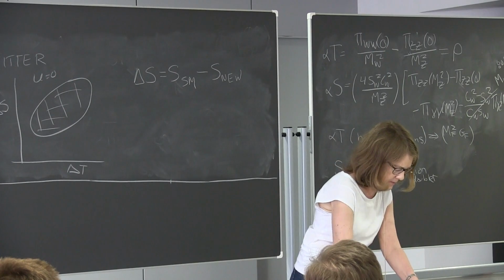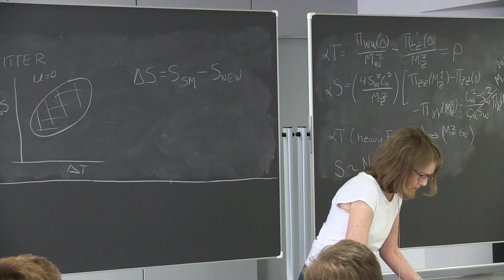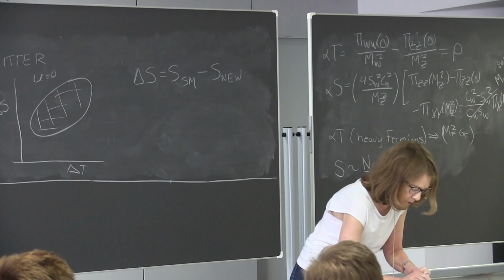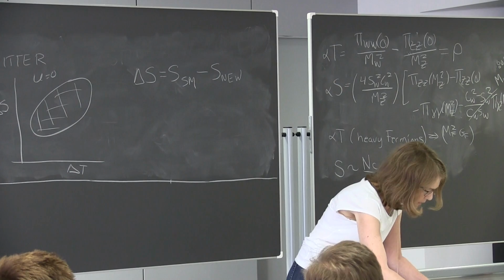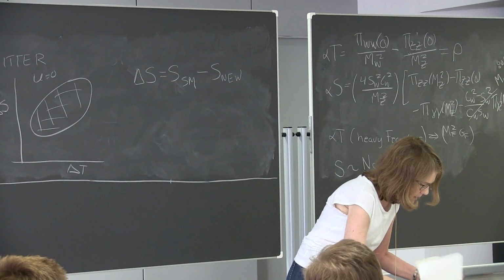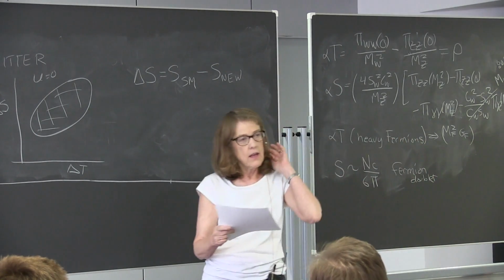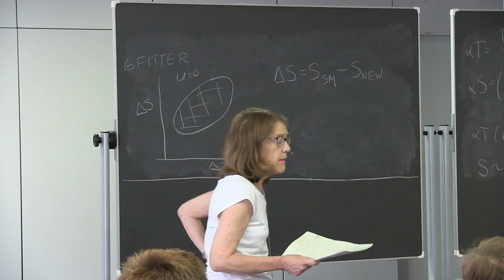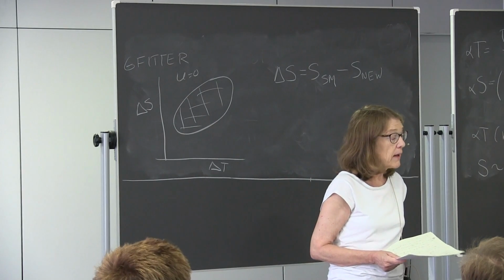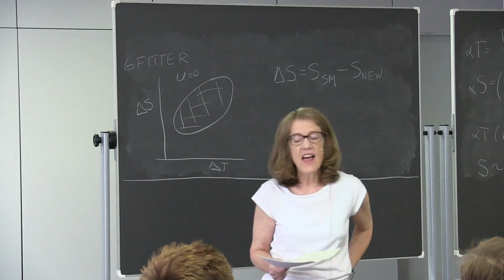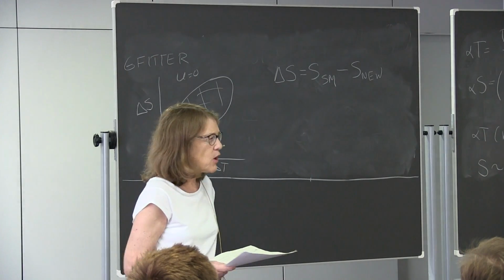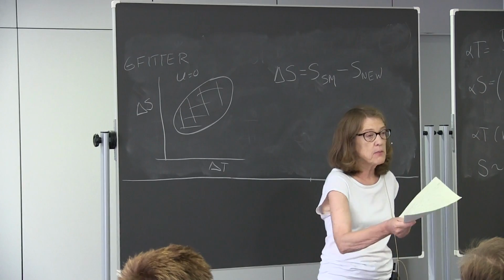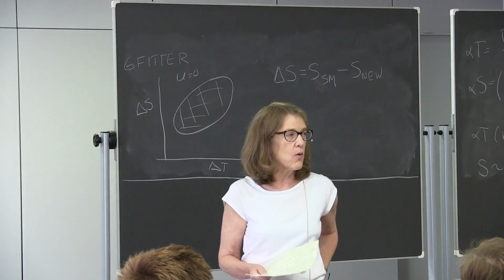Okay, I'm writing myself a note to write down the exact formula for S. So now, for the rest of today and tomorrow, I'm going to talk about gluon fusion, my favorite process. And why is gluon fusion so interesting? For one thing, it gives you limits on fermions, in particular vector-like fermions, so it's important.